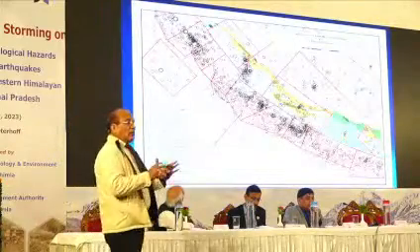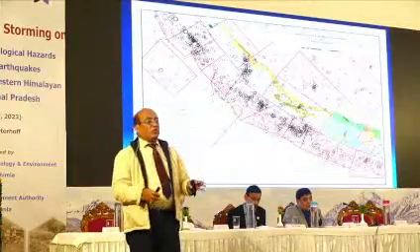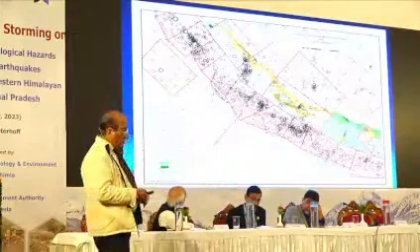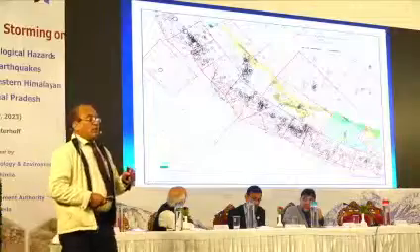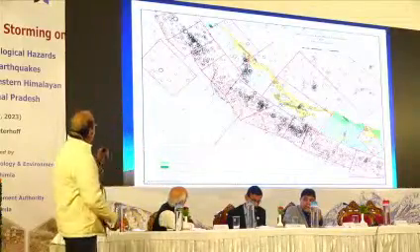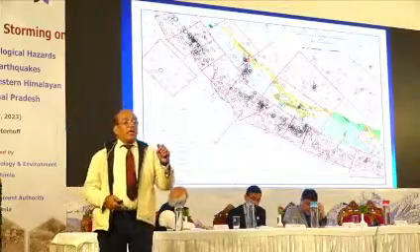So, seismic potentials are different in different zones, with a capacity to generate a magnitude of more than 7 or 8. Now we are more interested in which area can generate an 8 magnitude.